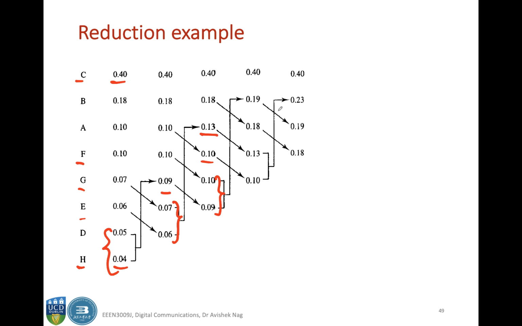And you keep doing this, and your probability arrangements are getting reduced. So this is what is called reduction. You are basically reducing this until you get a 1.